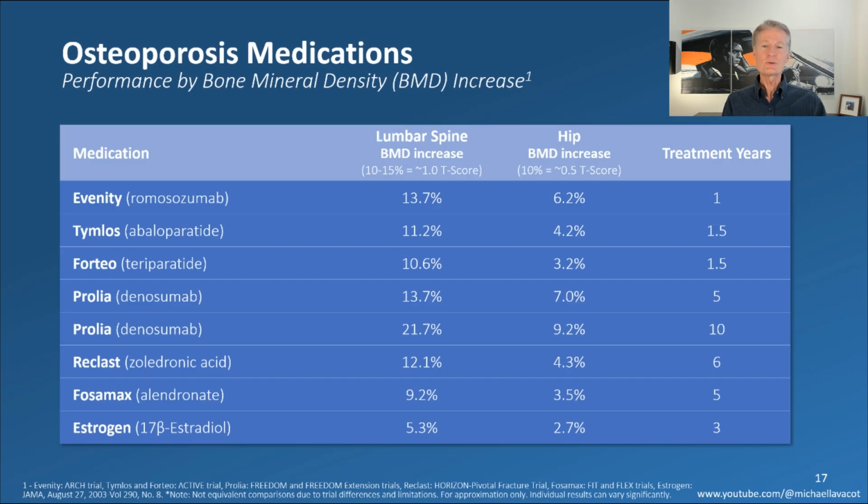That's in 10 years, right? 5 years, 13.7 and 7.0 in 5 years. So it's a drug like no other on this chart. You can take it for 1, 2, 3, 4, 5, 10, 12, 15 years, right? It continues to increase your bone mineral density and reduce the risk of fracture over time.